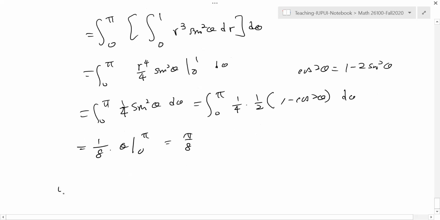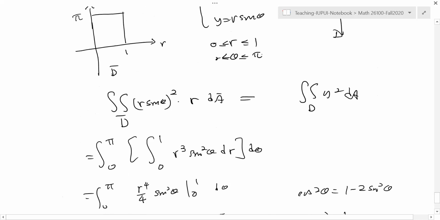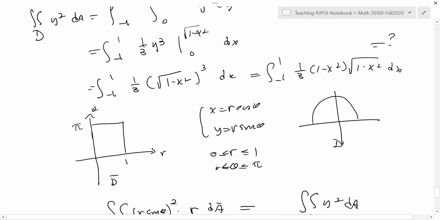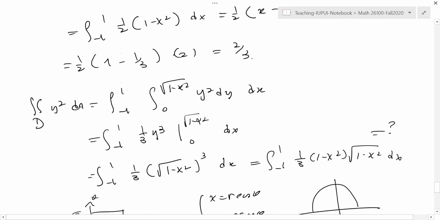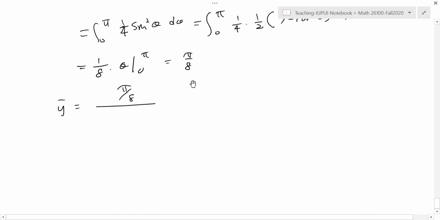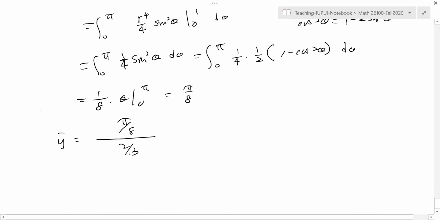So now, what is y bar? Y bar is the integral of this divided by the other one, the denominator, which we got as 2 over 3. So we simplify: pi over 8 divided by 2 over 3 will be 3 pi over 16. I want to make sure this is smaller than 1, otherwise something's wrong.